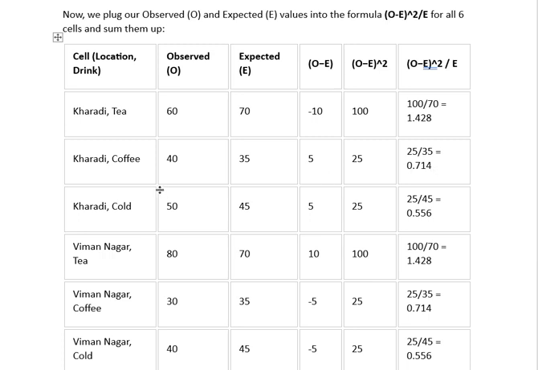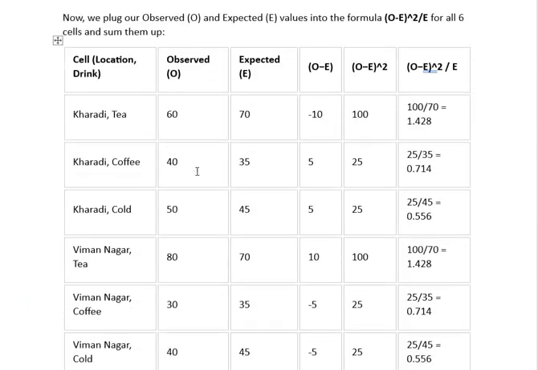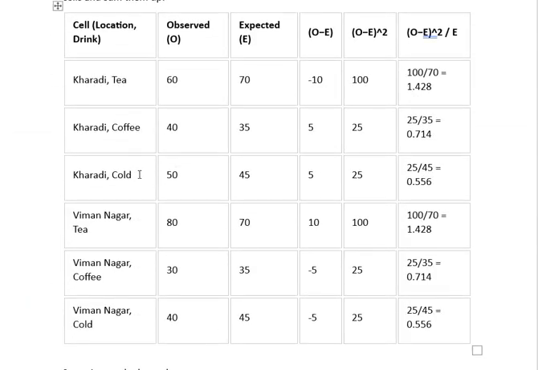So we can do the same for Kharadi and cold beverage. This is cold beverage, okay? The same category, cold beverage. So don't get confused about why it is written as cold; it is cold beverage. And similarly, we can do it for Viman Nagar tea, Viman Nagar coffee, and Viman Nagar cold beverage.